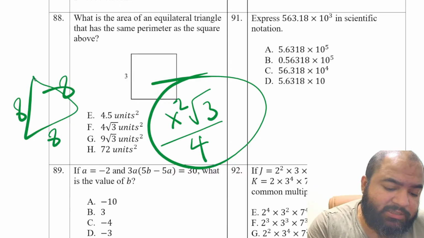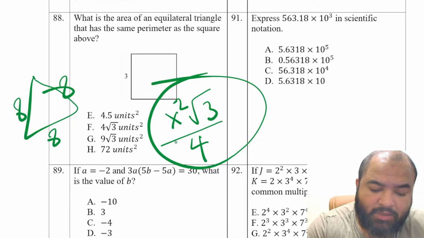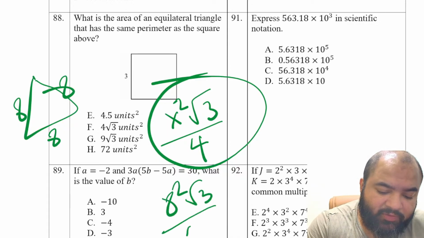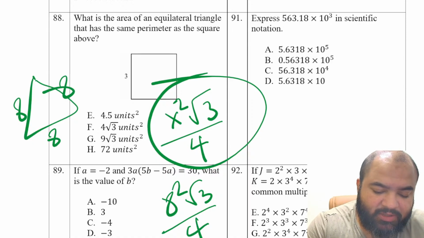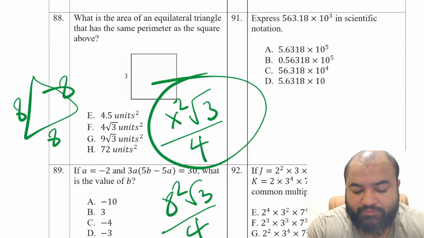You can do, each side is 8. So 8 squared radical 3 over 4. So 8 squared is 64 radical 3 over 4. So that's 64 divided by 4 is 16 radical 3. Done.